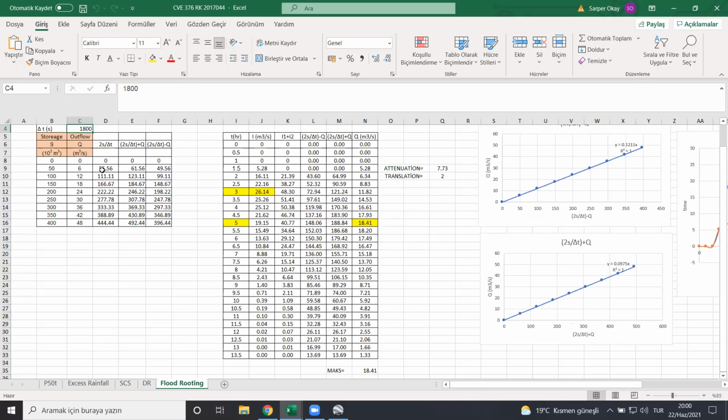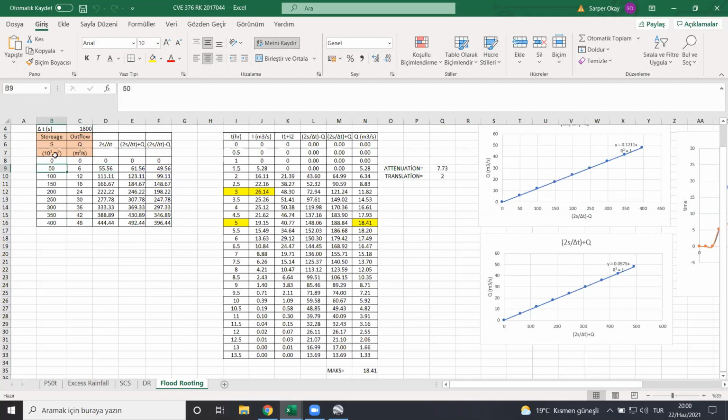So basically, this is our S, this is our delta t. For this column, you're multiplying this one by 2 and dividing it by this time. But what happened here? There is something wrong. Let me check. Okay, there is nothing wrong.